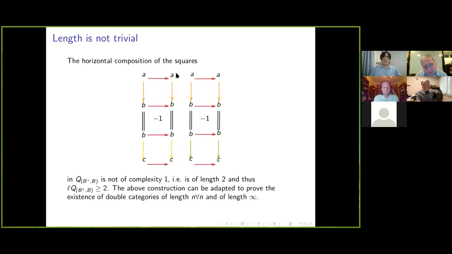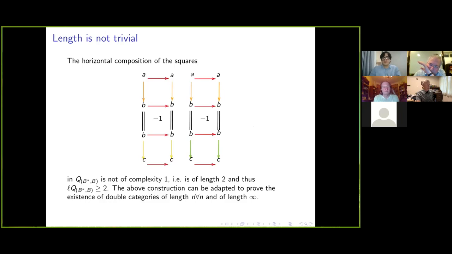And I could prove that the horizontal composition of this cannot be reorganized into a vertical composition of horizontal identities and globular squares. So this has complexity 2. And using the same ideas, I could define squares in more complicated double categories of complexity n for every n, and then of complexity arbitrarily large so that the length is infinite.